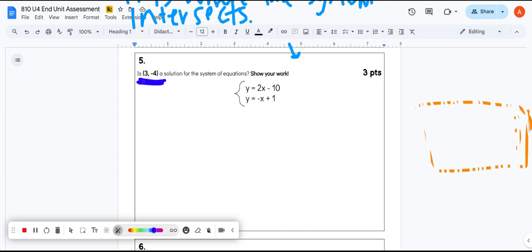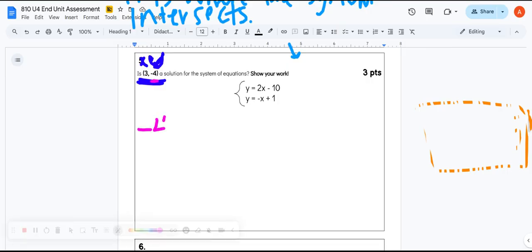I like the short way. My favorite way is to use these numbers, and we said in the last problem that the first number is my x, the second number is my y. Substitute those in to see if you get true statements for both equations, then you have a solution to the system.